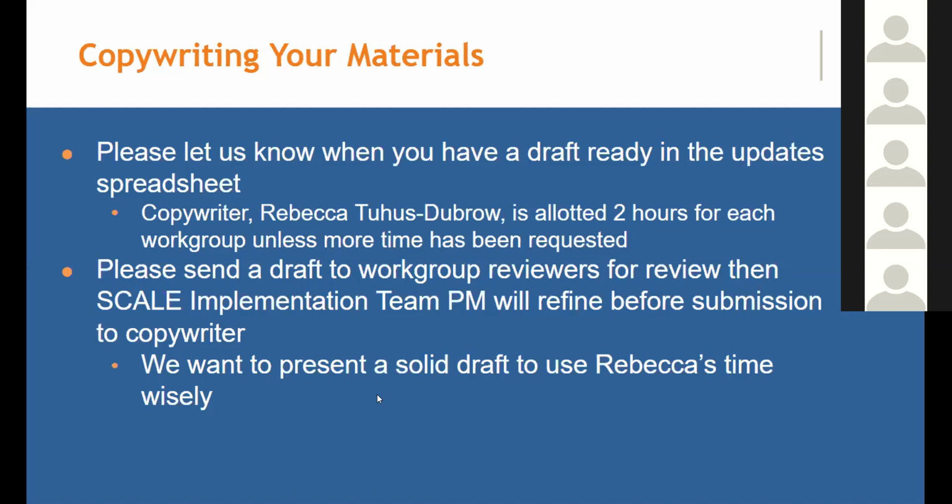Most of the work groups have reviewers on them, the people who have fewer hours than the writers and contributors. So the process is, as you've got your drafts, send them to the reviewers to review, and then someone from the Scale implementation team, meaning Liz, BC, Chelsea, or I, will review, and then we'll send it on to the copywriter. The goal is to have a solid draft so that we use Rebecca's time efficiently and effectively.